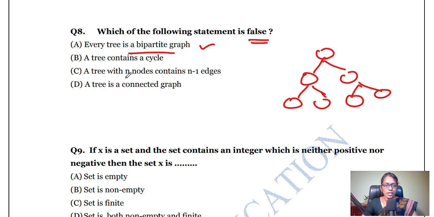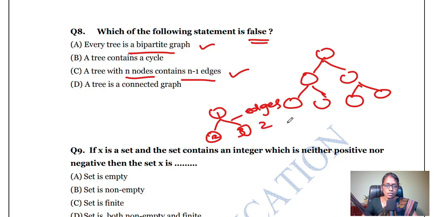No. A tree with n nodes contains n minus 1 edges. Yes, correct. See, this is a tree. Here there are 3 vertices, 1, 2, 3, but edges are 2. So n minus 1 edges. That is also correct.